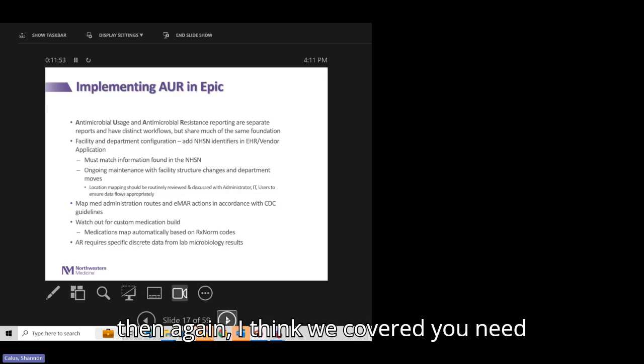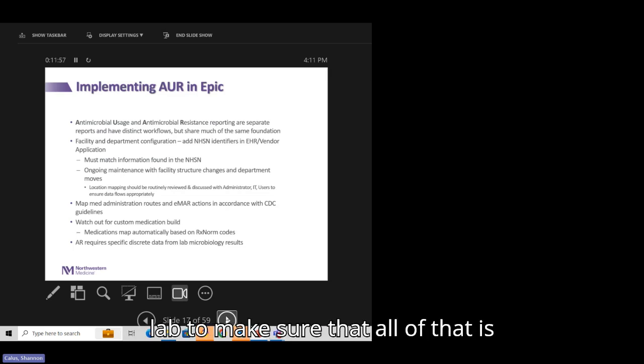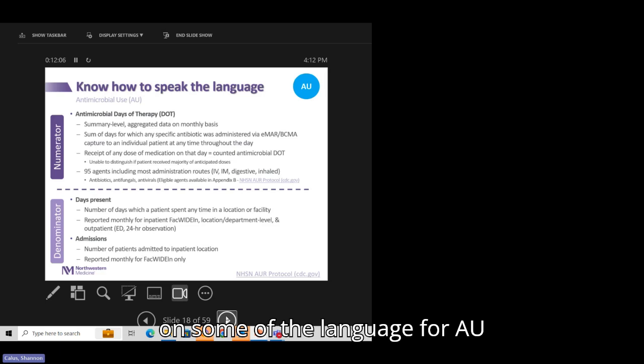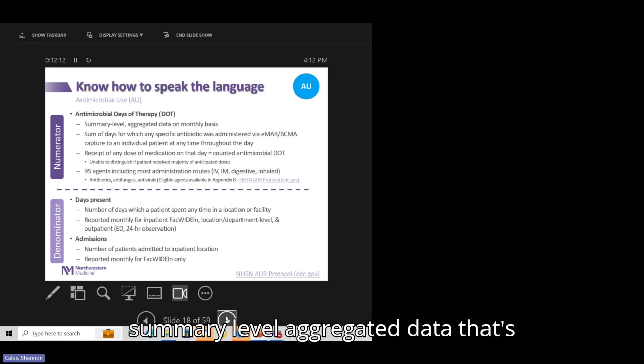And then again, I think we covered you need the information from your MAR and the lab to make sure that all of that is feeding in as necessary. This is where, if you just wanted to get a better handle on some of the language for AU specifically: AU uses antimicrobial days of therapy. This is summary-level aggregated data that's performed on a monthly basis.